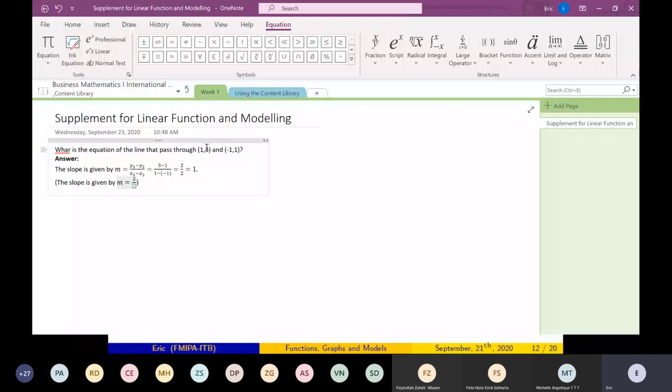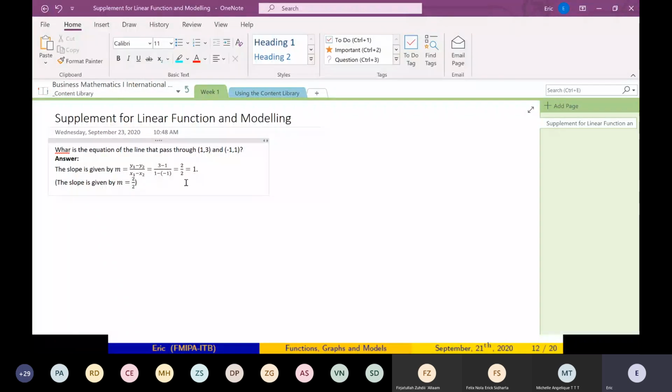Don't forget, from (1, 3) to (-1, 1) it will be an increasing function. You can imagine this.